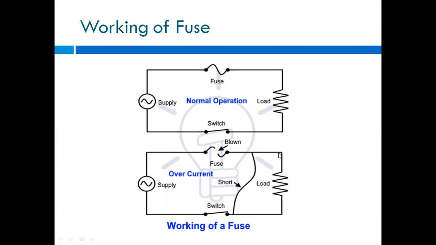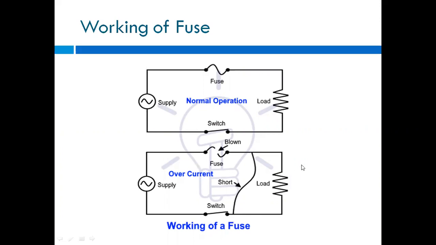But when any fault occurs in the system, suppose a short circuit is there, then what happens? Very high current will flow through that circuit, and this fuse element blows. By blowing, it disconnects the circuit, or breaks the circuit, so that current will not flow towards the load.